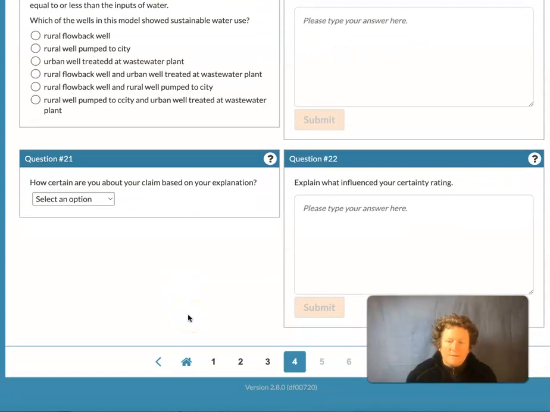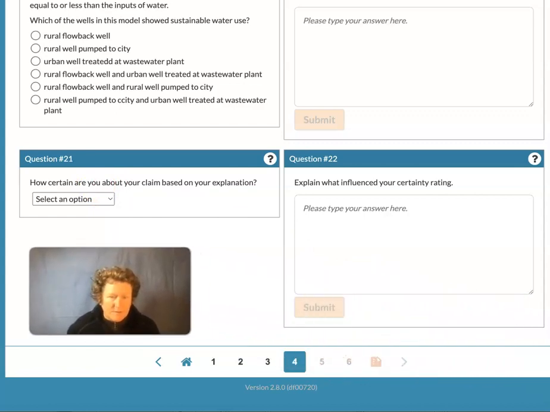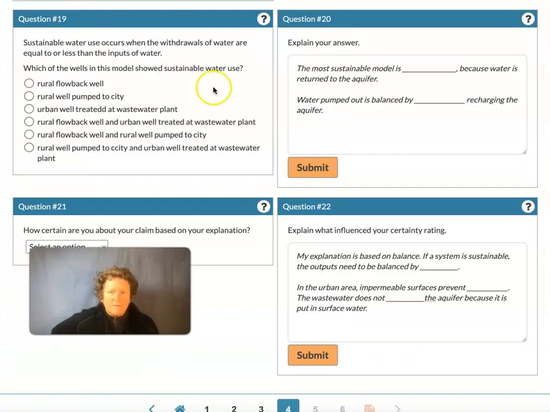If you want to explain how certain you are about your claim based on your explanation, I will give you some words to think about to include in your explanation. So I've given you a few hints. The most sustainable model is because water is returned to the aquifer.